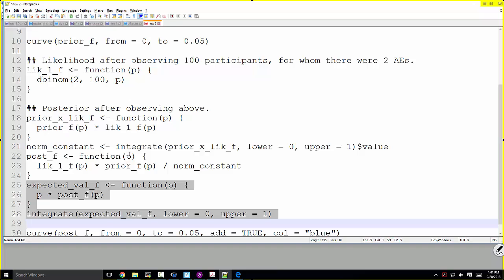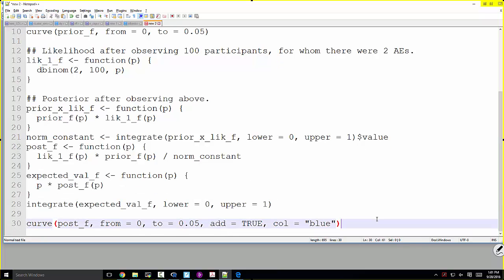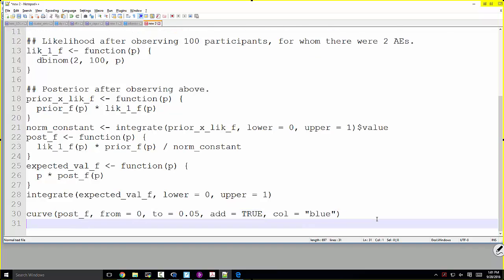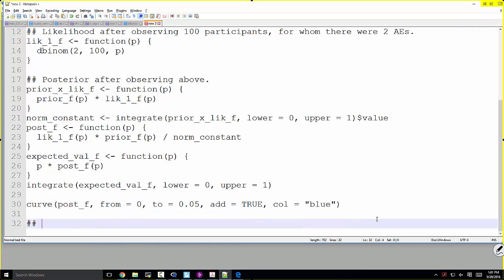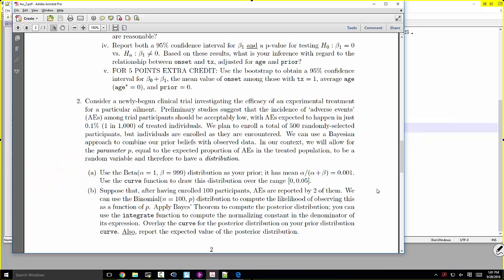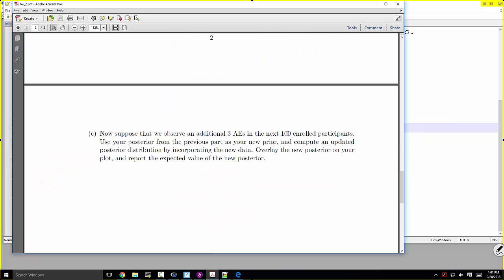And then you were given a second part where you updated one more time. And there's two ways to do this. You can treat the posterior now as if it were the prior, and then compute a likelihood that reflects just the new 100 individuals. So if I treated the posterior as the prior now, I would say, let's now incorporate 100 observations with 3 successes.